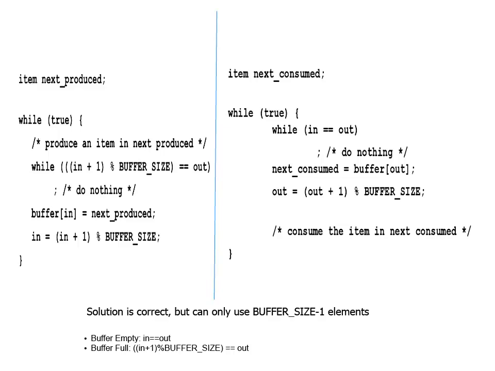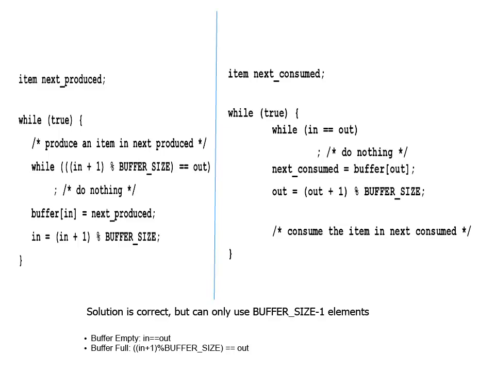Suppose when in equals 8, next_produced is assigned to buffer[8]. So in plus 1, which is 9, modulo 10, is 9. So in is updated to 9.